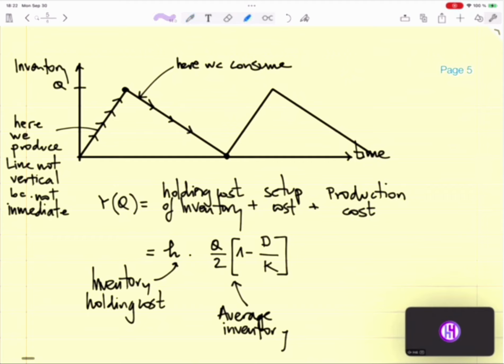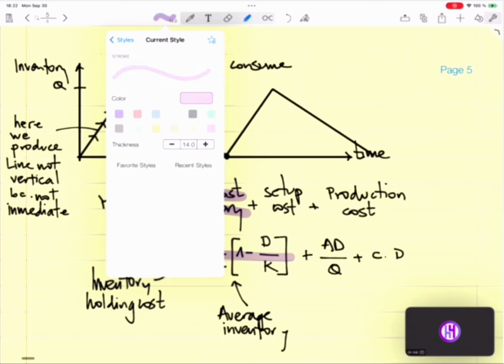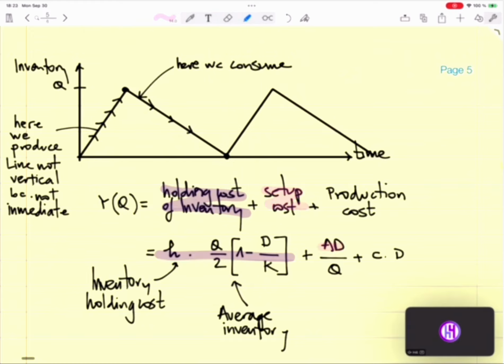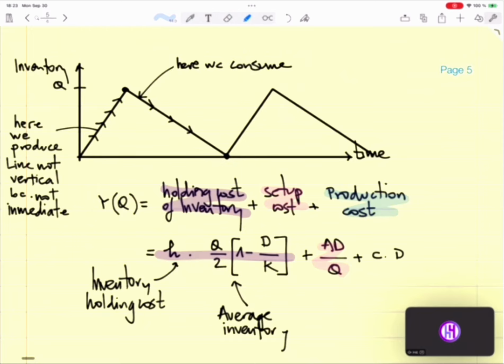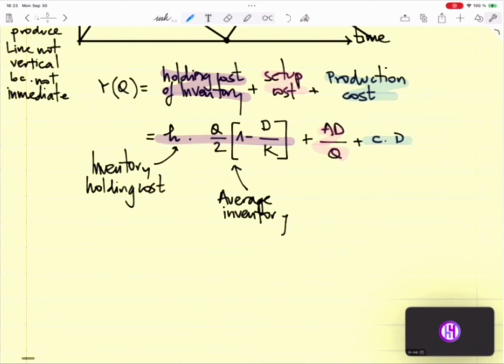So this is going to be this part plus the setup cost, AD divided by Q, this is the same, plus C times D, this is also the same. Setup cost and production cost. Okay.